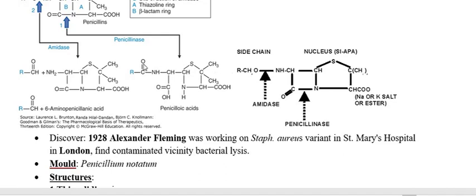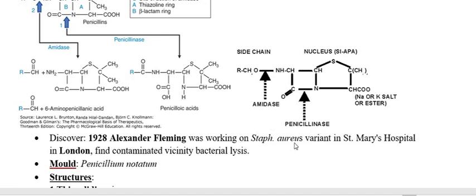Now we have to go through the discovery of penicillin. I already showed the scientist's photograph. The scientist was Alexander Fleming, and he was working on different strains of Staph aureus.